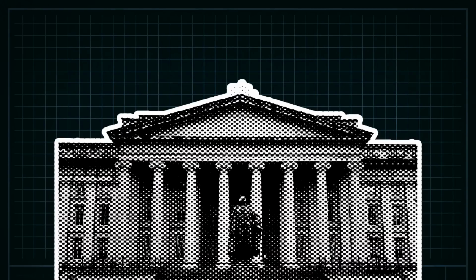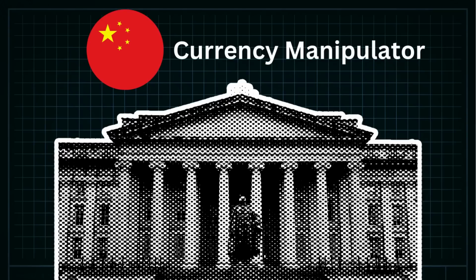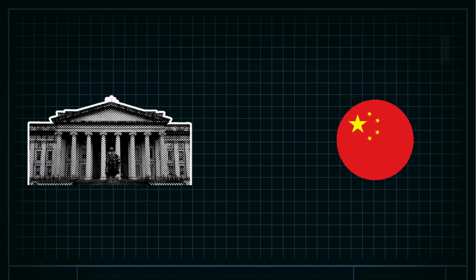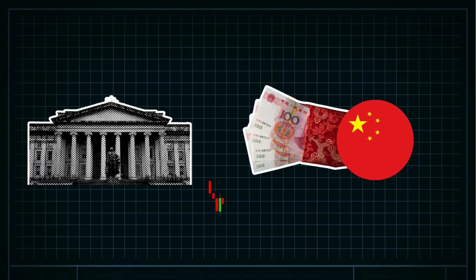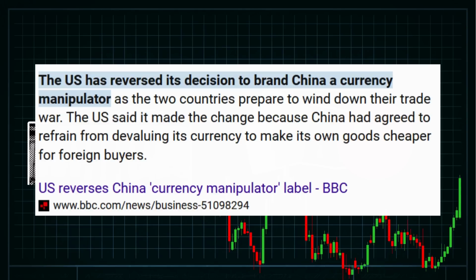In 2019, the US Treasury officially labeled China a currency manipulator, though it later reversed this decision. The key argument was that China sometimes allows its currency to weaken or strengthen in ways that seem strategically timed to boost exports or offset trade tariffs imposed by the United States. But, as we mentioned earlier, it was later reversed.